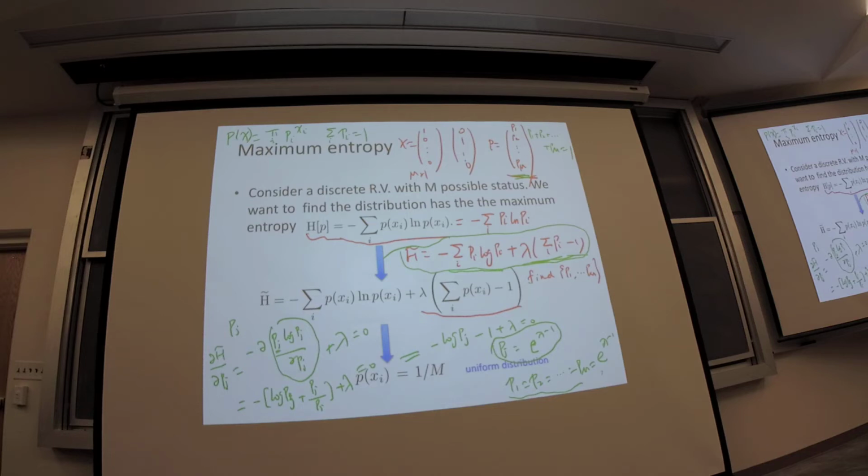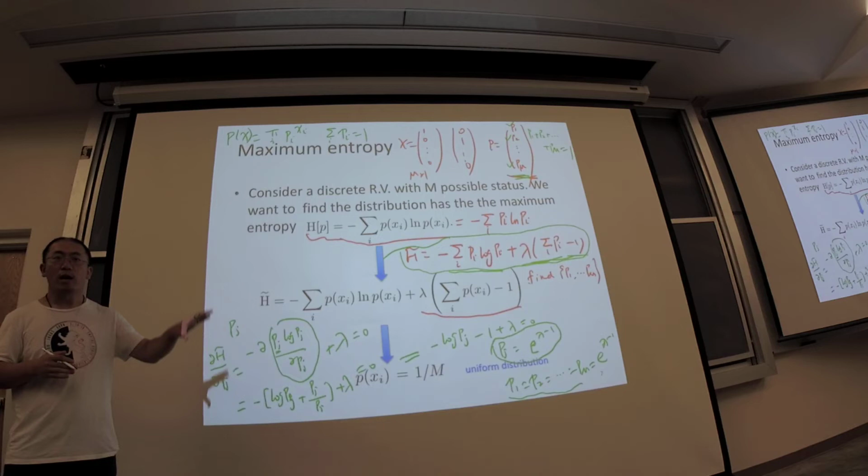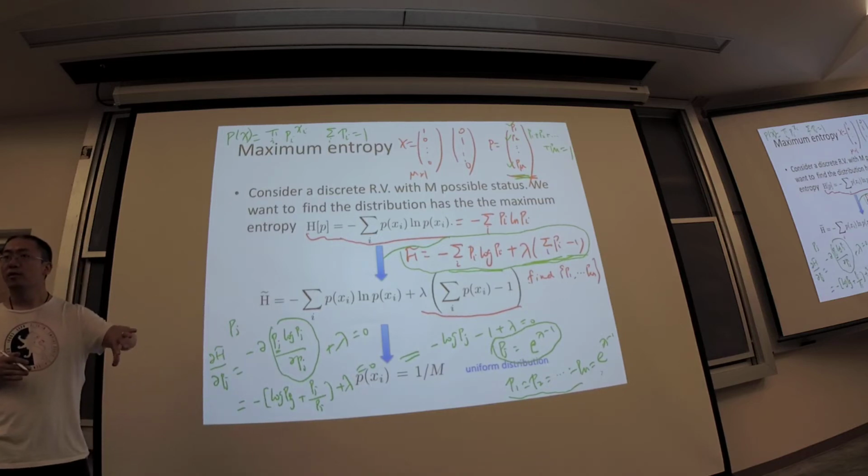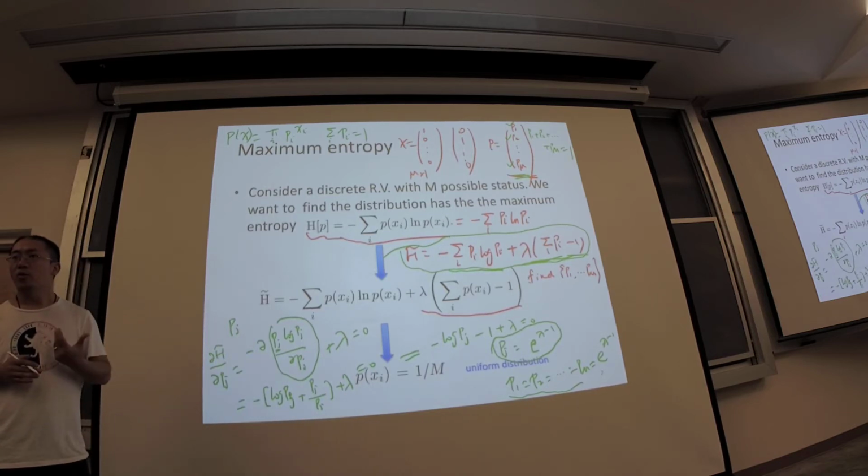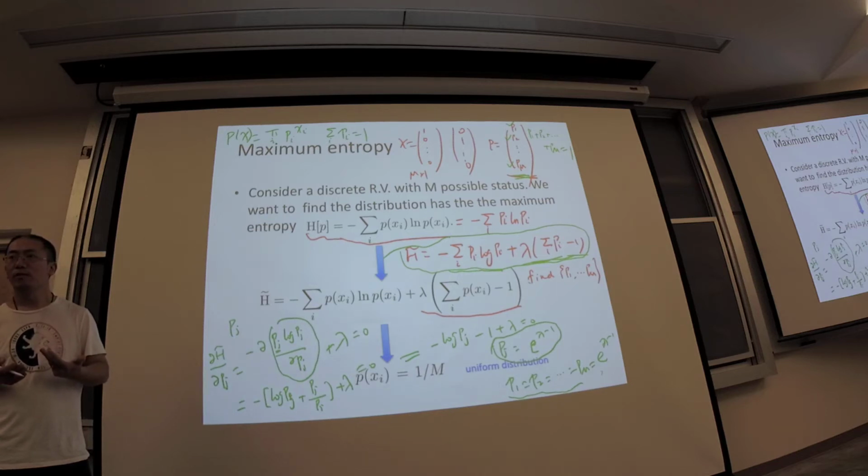We know when P1, P2 to Pn are the same, meaning that you have a uniform distribution, your entropy becomes the maximum. What does it mean?